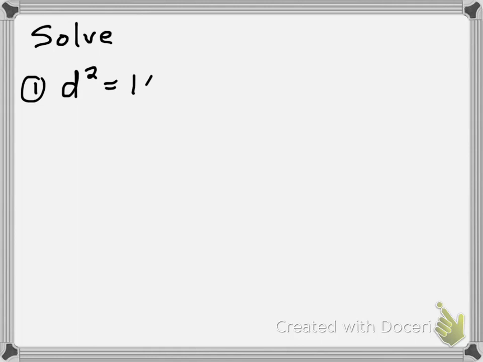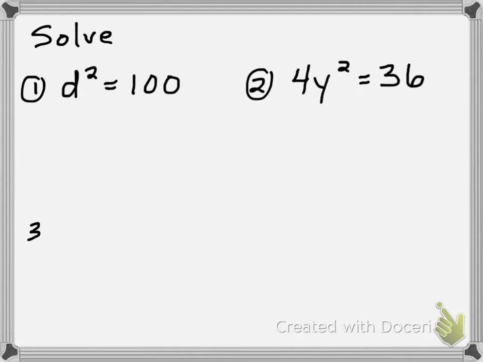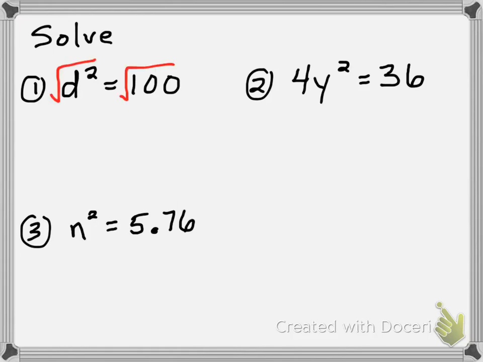We also have to solve equations with squares in them. See if you can solve each of these three equations. For number 1, the square is already by itself, d squared, so all I have to do is one step, and that's square root both sides.